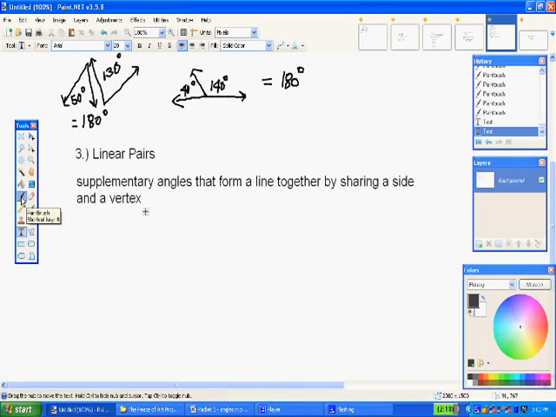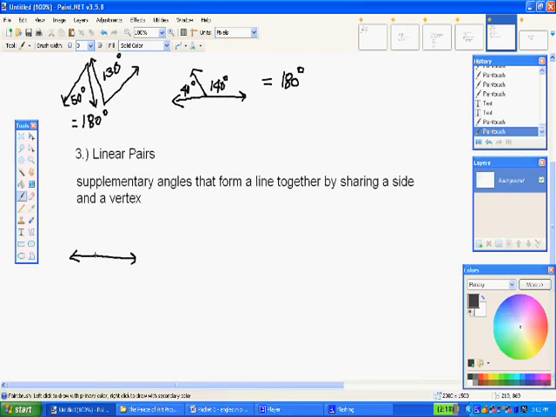I'll draw some examples. The most common type of linear pair that you'll see would just be two angles like angle 1 and angle 2 right here that create a line together. You might also see linear pairs formed when you have two lines intersect each other. For example, angle 3 and angle 4 are linear pairs because together, when you put them together, they make a straight line right here.